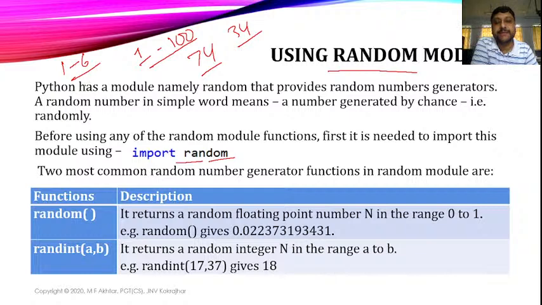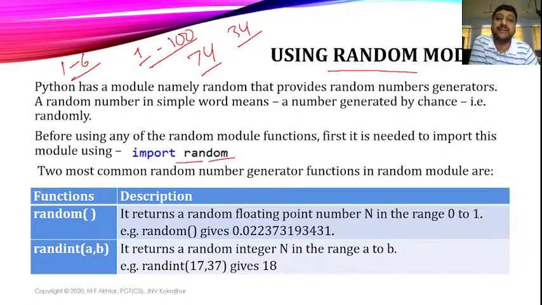When we throw a dice, any one number is placed on top. That number may be 1, 2, 3, 4, 5 or 6. Which number, we cannot predict. Randomly it will display any number between 1 to 6. This is known as a random number.